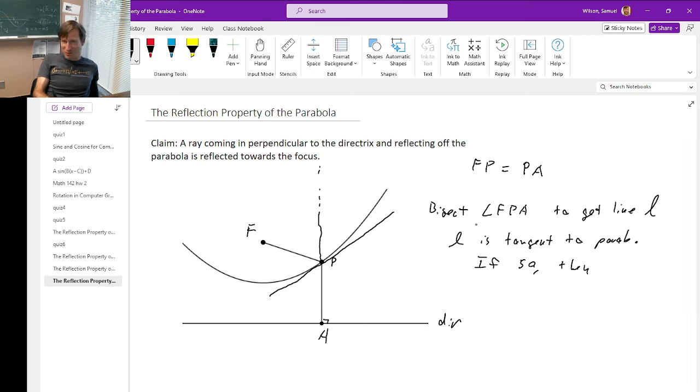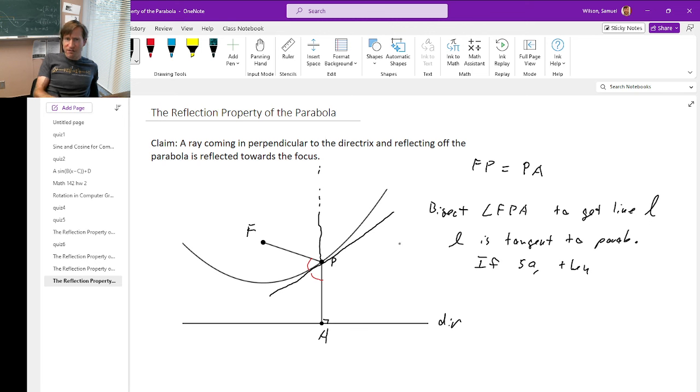Actually, sorry, before I say that, let me just note that since we've bisected this angle from F to P to A, these two red angles are equal to each other, because we cut the big angle in half, and that means the two small red angles are equal to each other.